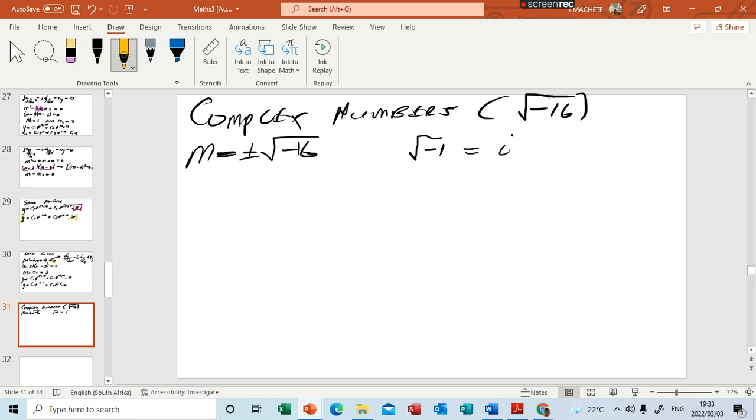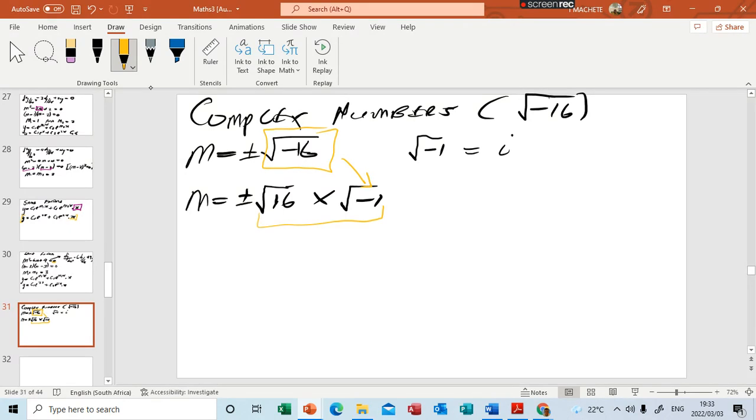So this is what you're going to do. You're going to change this to plus or minus the square root of 16. You make it positive so that you can find the square root of that number. Then you multiply with your -1, which takes you back to the original equation.